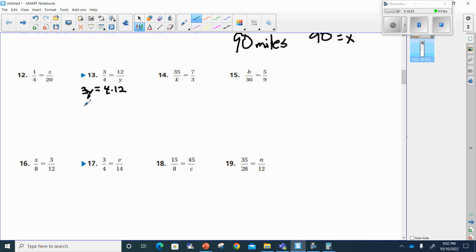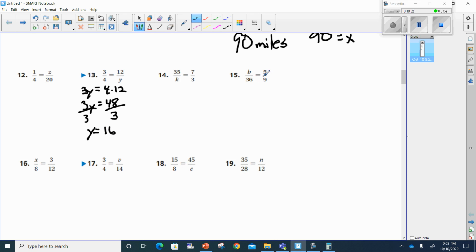That means 3y is going to equal 48. Now I have to divide by 3, which gives me y by itself. 48 divided by 3 is going to be 16. So 13 is y equals 16.